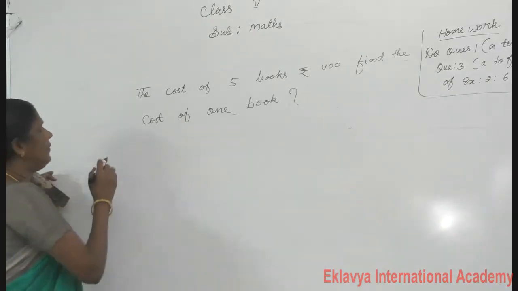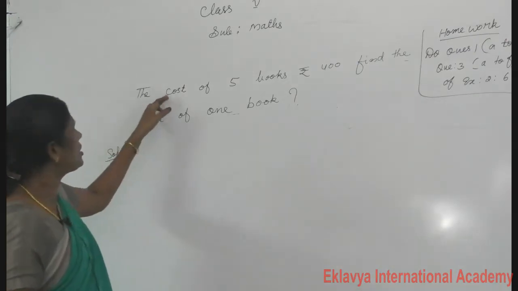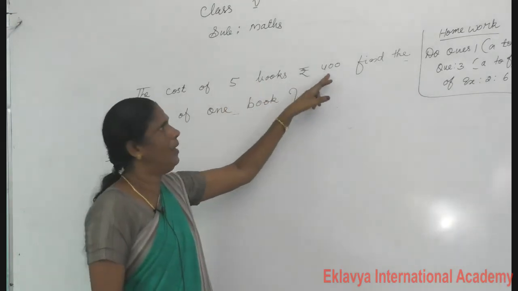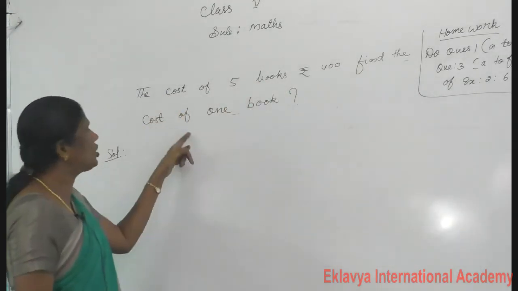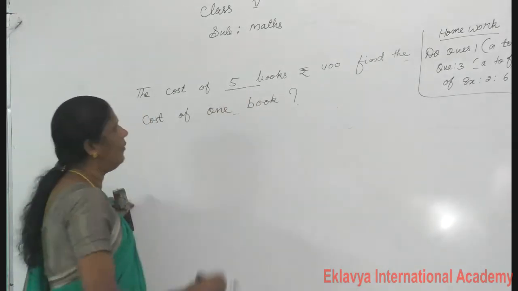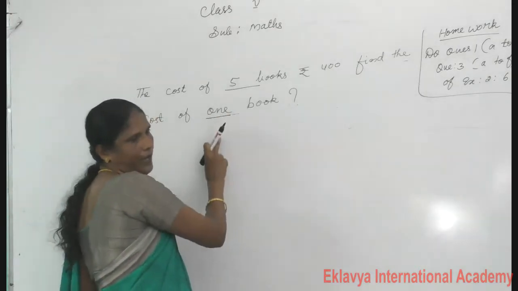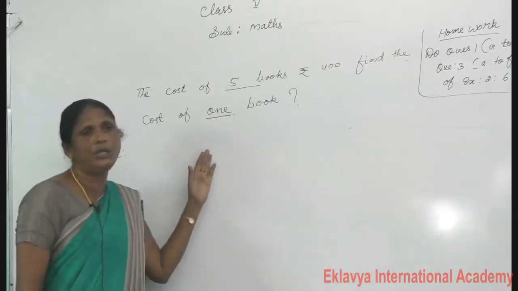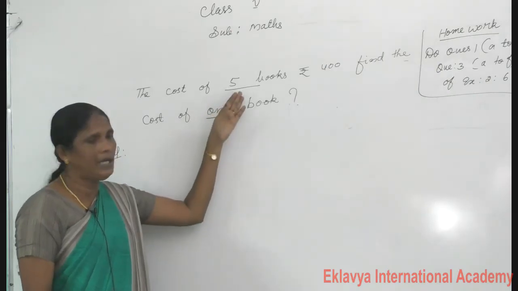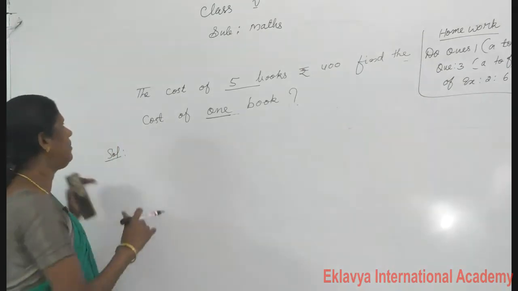First, read the question again. The cost of 5 books is rupees 400. Find the cost of one book. Here many are given, one is to be found. Therefore this question is division. Understand?